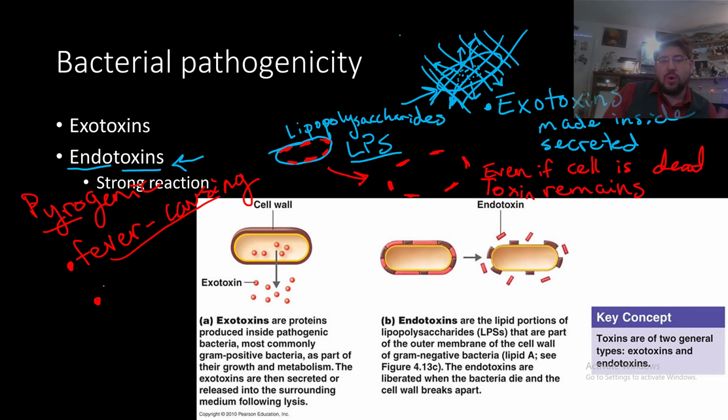So fever being a normal bodily function, a lot of these pathogens can only survive within a specific temperature range. And so if you raise it above their range, they can die. Well, these pyrogenic endotoxins cause your fever to go up to dangerous levels. So, not great.